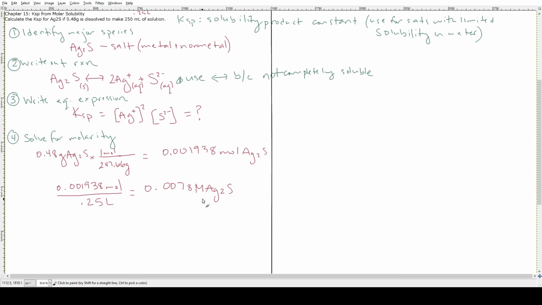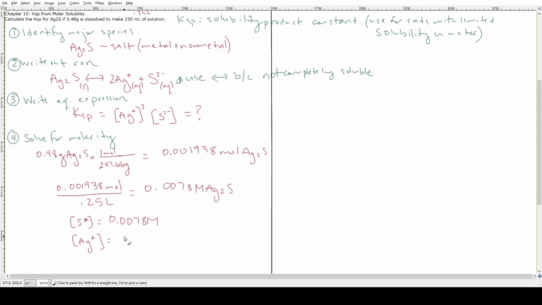You can use mole ratios to figure this out, but we know there's a 1-to-1 between sulfide and Ag2S, so my sulfide is the same. And I'll write this out to help you. Oops, I got these charges backwards. This should be 2 minus, and that should just be plus.